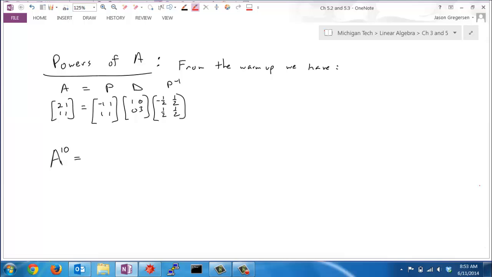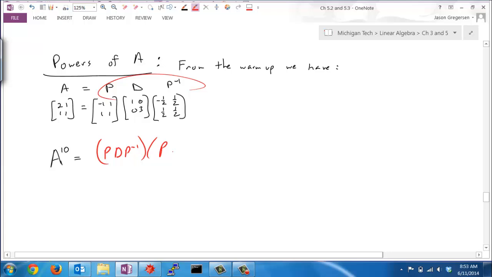But if we know that this is true, then we can write A times A times A as P times D times P inverse times all that stuff over and over again. So kind of like this: P D P inverse times P D P inverse times P D P inverse, dot dot dot, P D P inverse.